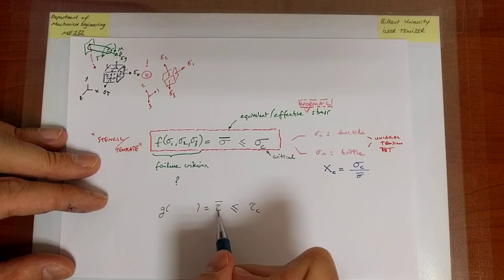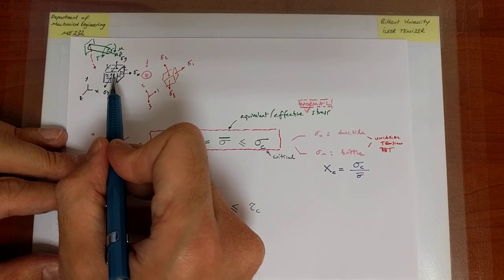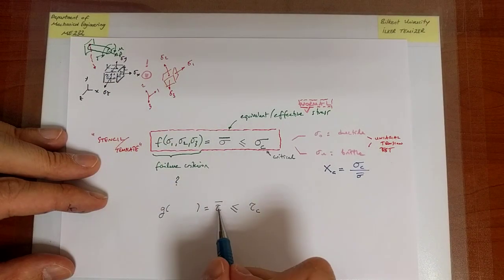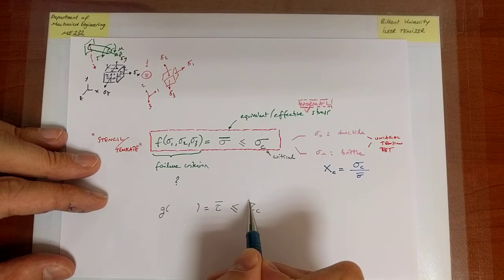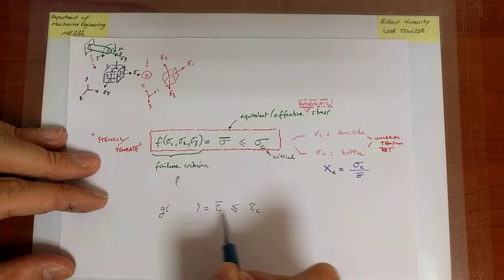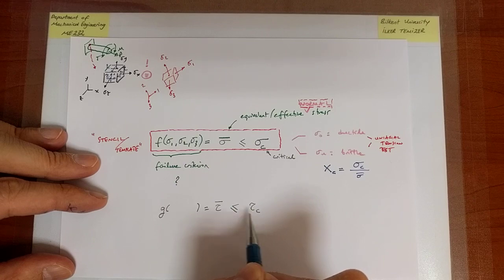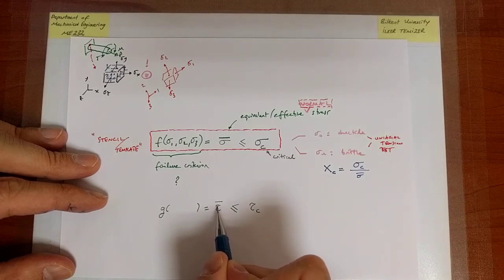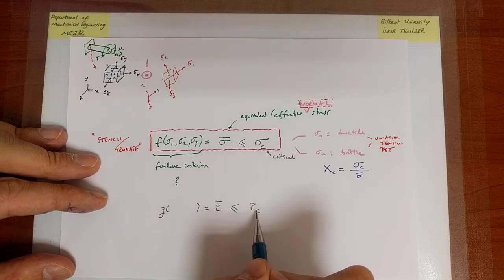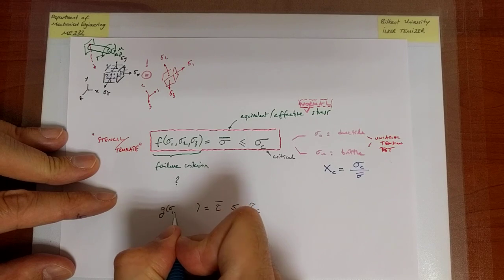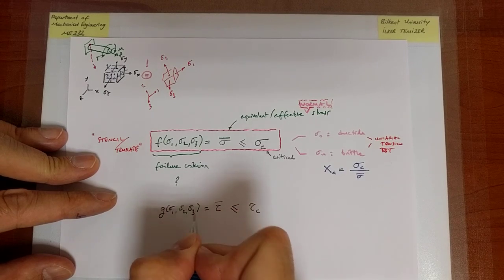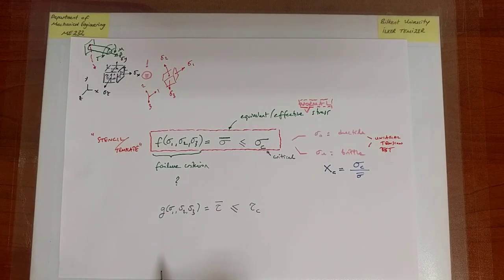So if the material is at a given point going to fail because the absolute maximum shear stress is going to exceed a certain value, in this case the critical value, then I can formulate my criterion in terms of the shear stress. But notice I am calculating the effective shear stress, and comparing it against the critical value, again by making use of sigma 1, sigma 2, sigma 3. So one way or the other, you make use of the principal stresses.